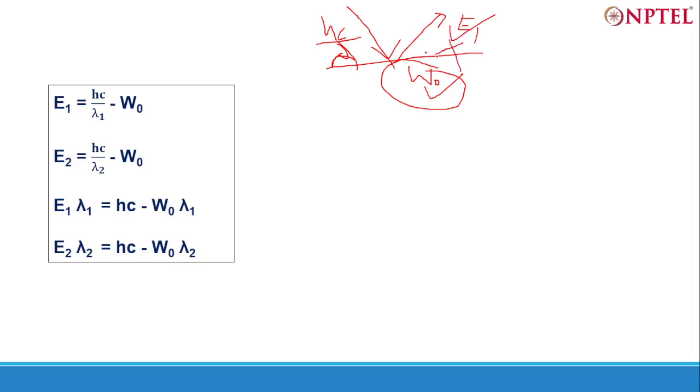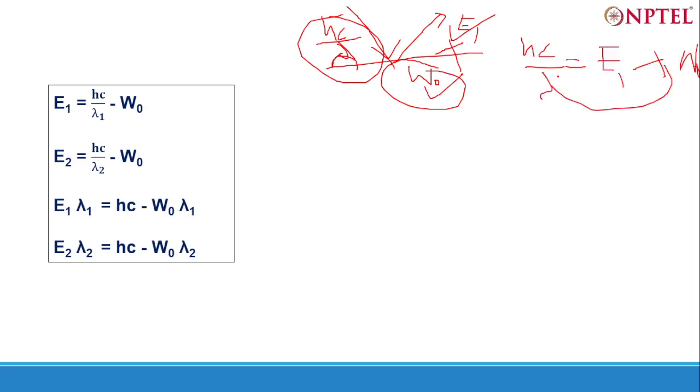So if we add these two, it will be an energy balance. That is what is written here: hc upon lambda equals E1 plus W naught. If you rearrange it, E1 equals hc upon lambda 1 minus W naught. So we have two rays, lambda 1 and 2, and for these two rays we write it like this. Now the main question is, we need the value of h.